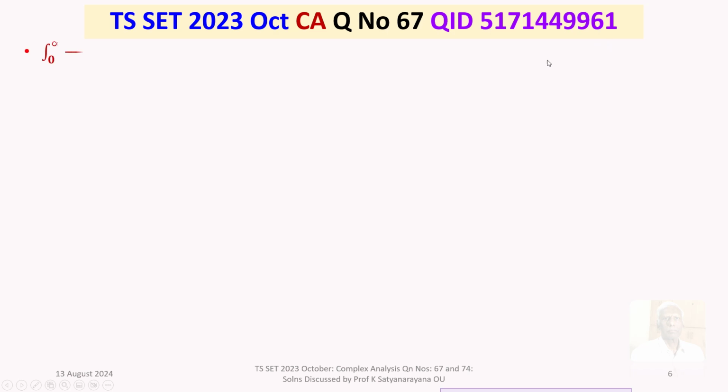The given question is: integral from 0 to infinity of (1 minus cos 2x) by x square dx is equal to, and we are given four options. Many students do remember the value of this integral. If you know it directly, tick the correct option.